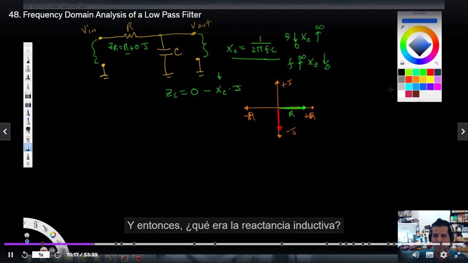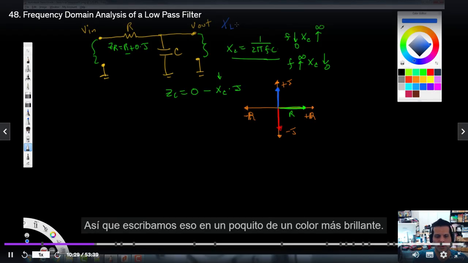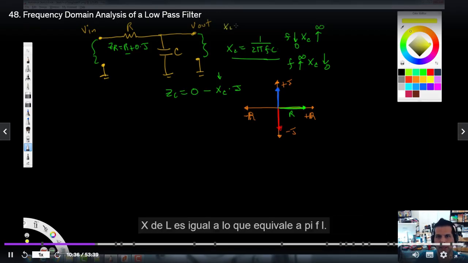And then inductive reactances point upward, a plus J. We're not looking at that right now, but just for kicks, let's write that in a brighter color. X sub L equals 2 pi FL.